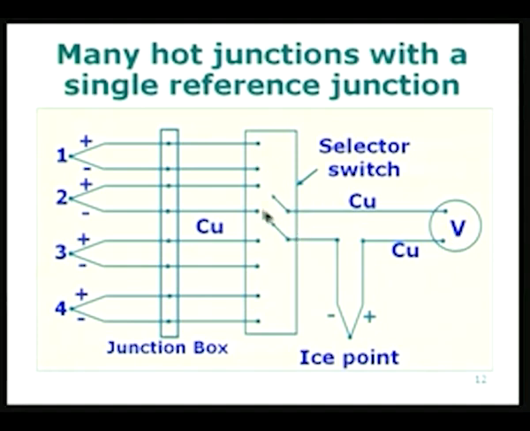One cycle will mean I go from 1 to 2, 2 to 3, 3 to 4, note down 4 readings, and again I am ready to start this if the temperature is varying with respect to time.